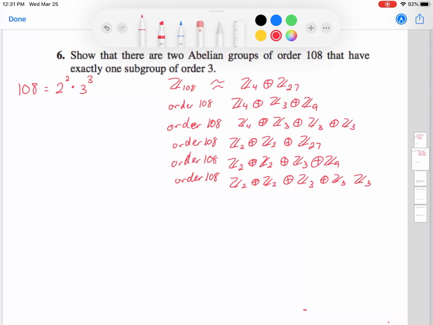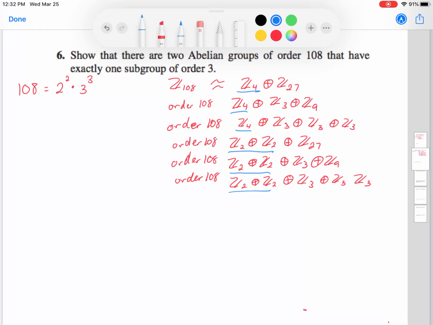Now, if we're thinking about needing to have a subgroup of order 3, getting a subgroup of order 3 for any of these, if we had the identity element from either the Z4s or the Z2s, then having an element of order 3 would just depend on what came from our Z27, Z3 external direct product Z9, or Z3 external direct product Z3 external direct product Z3.